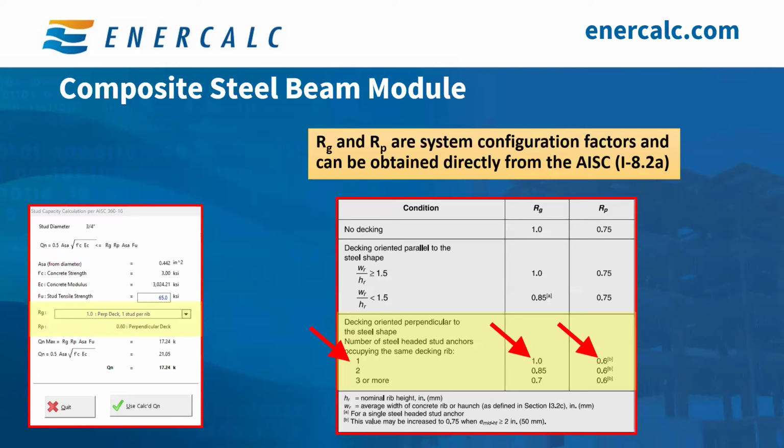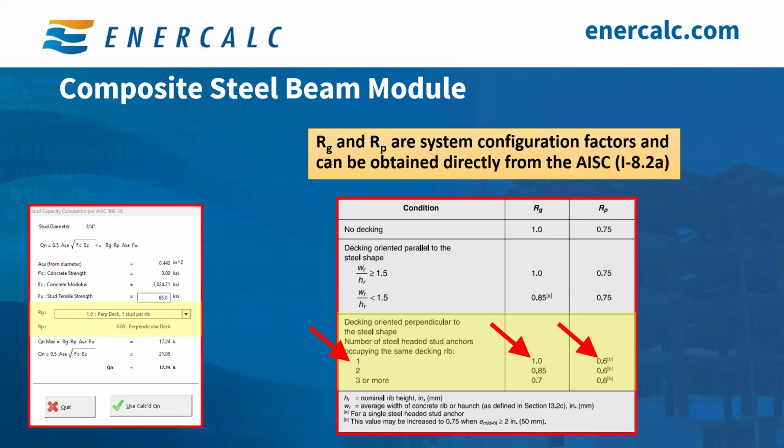So the RG and the RP factors are based on so many different things, including the deck orientation, the number of studs per rib, and the rib aspect ratio.